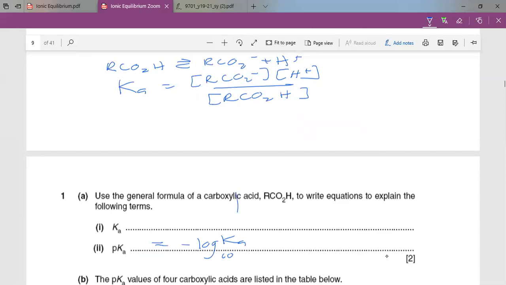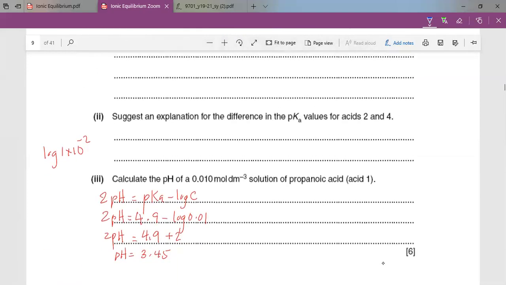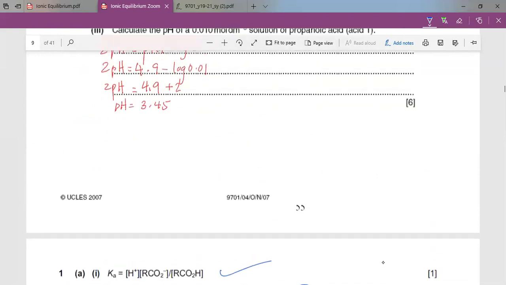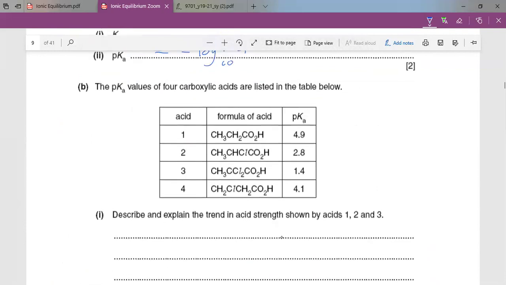So this is here. Let's see the marking scheme. See, log, not long, so be careful. All right, now pKa, remember, the smaller it is, the more acidic. This is the most acidic. Why?